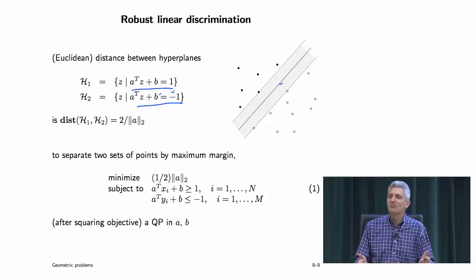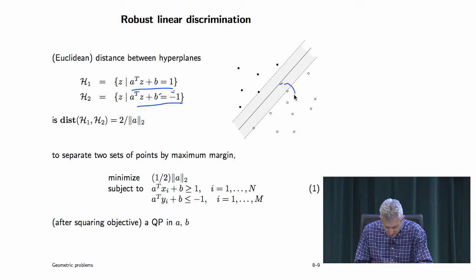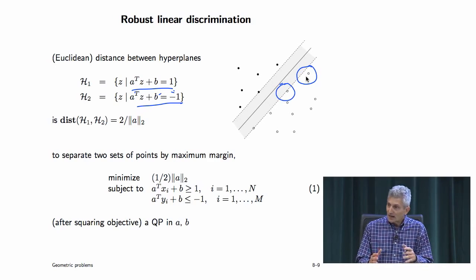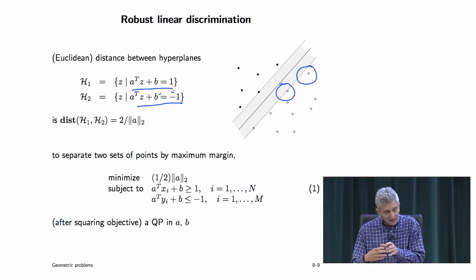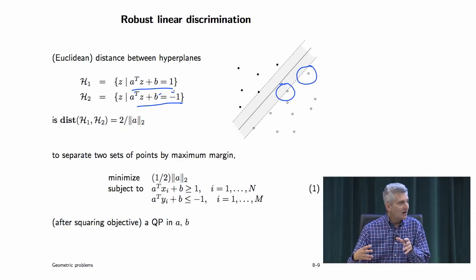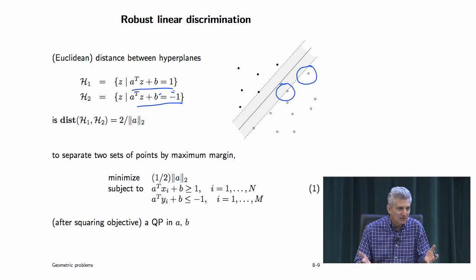Some people would call this a maximum margin classifier, and the reason it's maximum margin is that you can puff up each of these points by a ball, still classify correctly, and the amount you could puff them up by is the largest possible while maintaining correctness. Everybody got that?